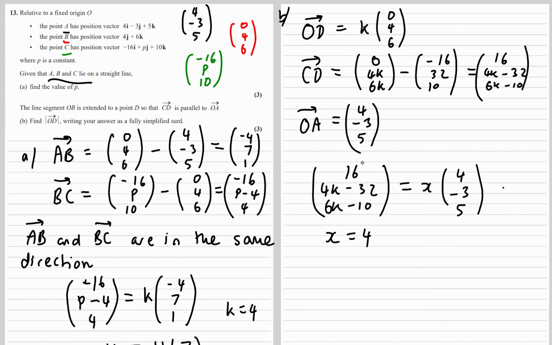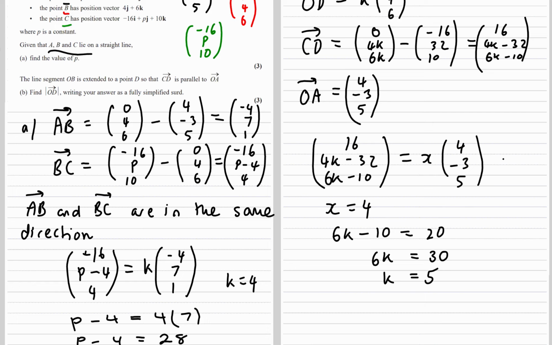I'll use the bottom line, the k line. Probably shouldn't have used k to start with anyway. So 6k minus 10 equals 4 fives, which is 20. So 6k is 30, and k is 5.